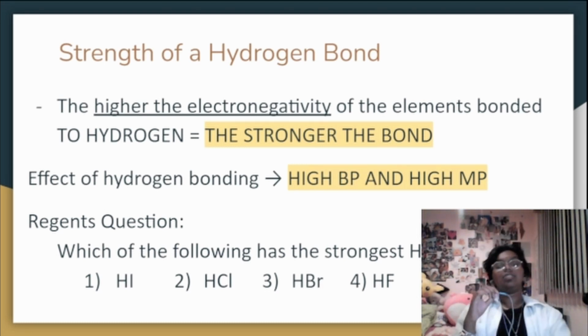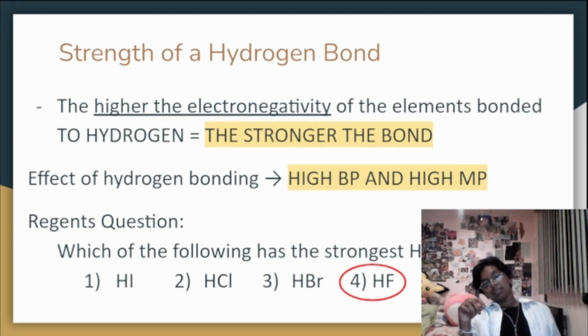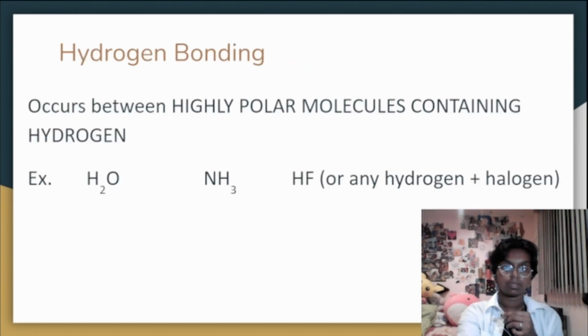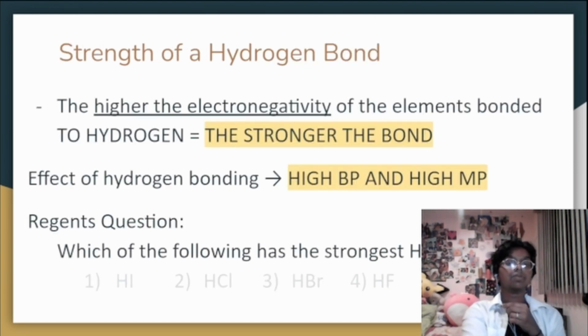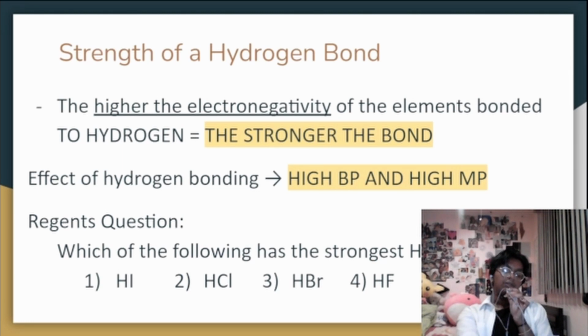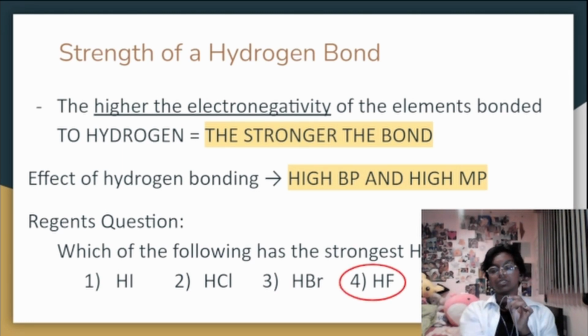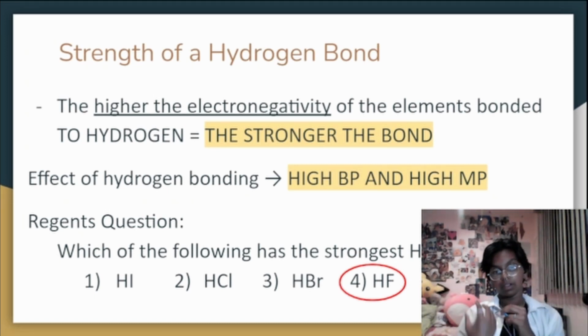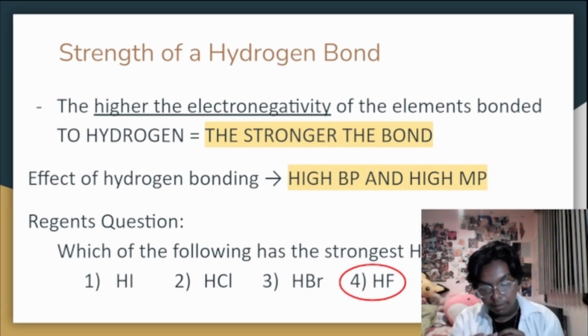Okay, so the answer is HF. Why? Because fluorine is one of the elements that forms hydrogen bonding, so we can tell it's the strongest intermolecular force. But if you couldn't figure that out, fluorine, out of all four, has the highest electronegativity.